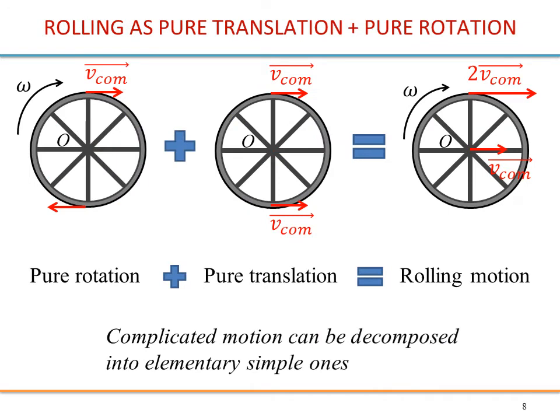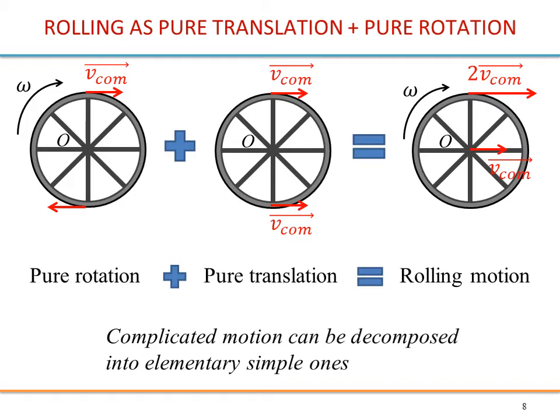Alright, so in a previous lecture I showed you that the reason for studying pure translation and then pure rotation is because any complex motion can be represented as a sum of a translation plus a rotation. And the rolling is a very simple example.